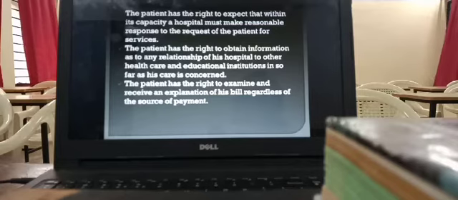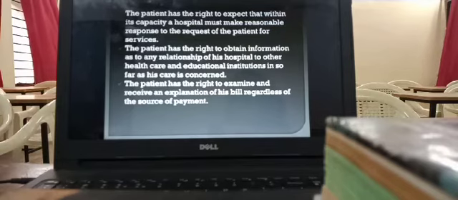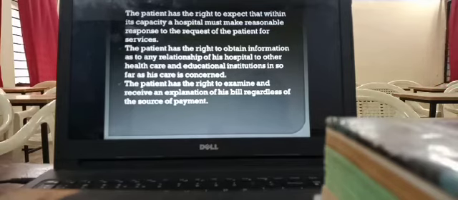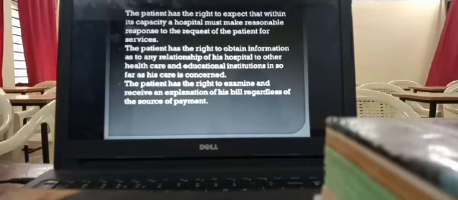The patient may live far from the hospital, so when they go back to their own places, they wish to continue the treatment there. In those cases, they have the right to obtain their personal information. If they request all the details from start till end, we are bound to release the information to them with respect.